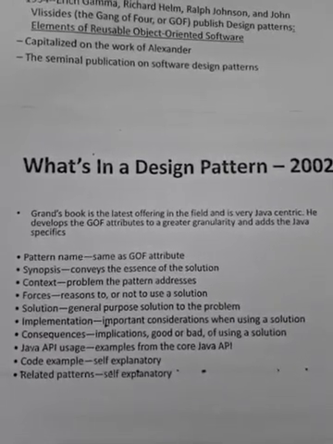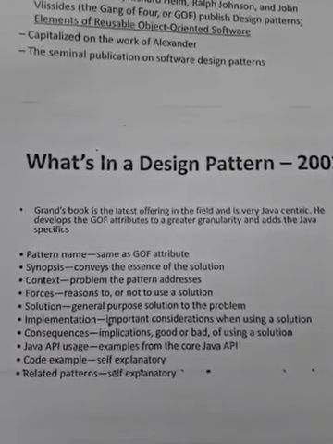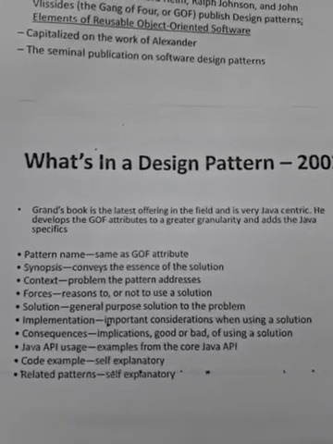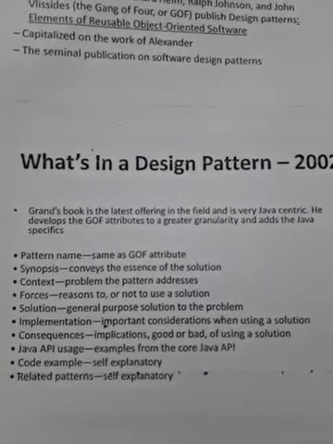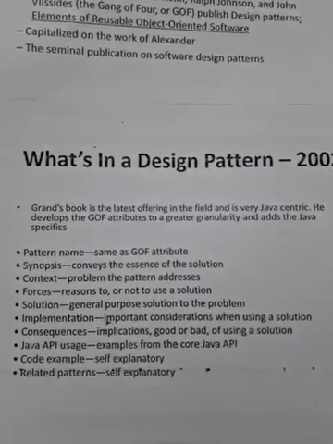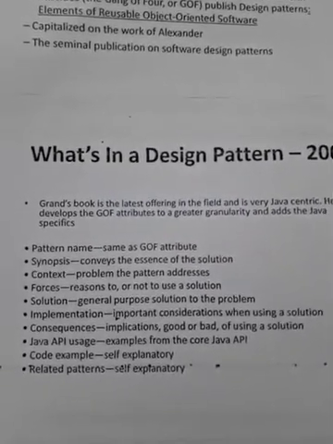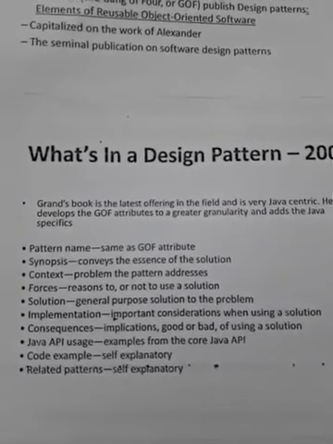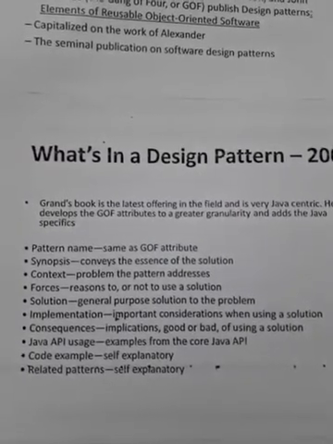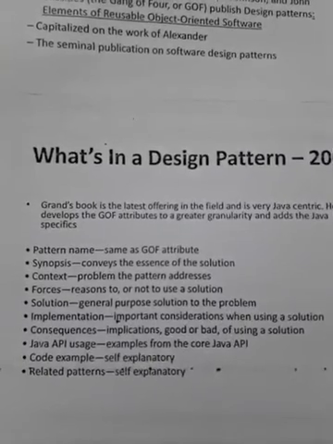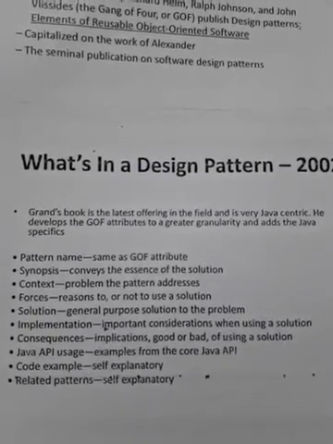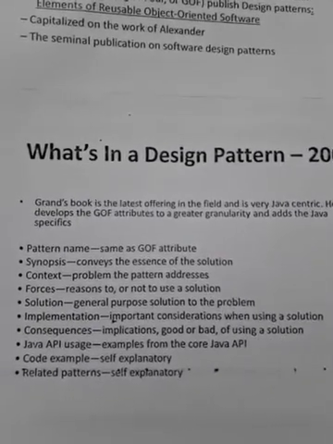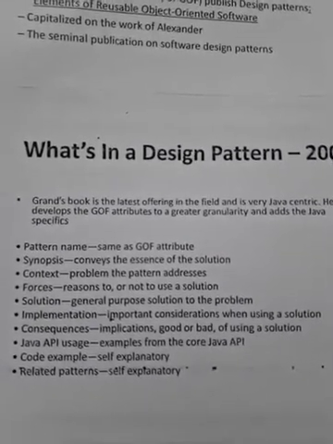It is very Java centric. He develops the Gang of Four's attributes to a greater granularity and adds Java specifics. Some of the attributes are: pattern name, same as the pattern name by the Gang of Four, which says the name of the pattern and conveys the essentials of the solution.